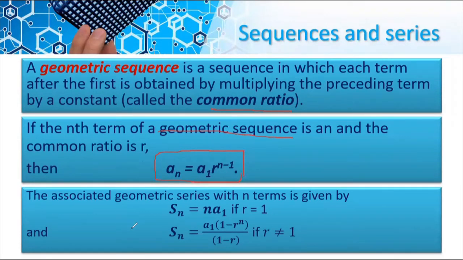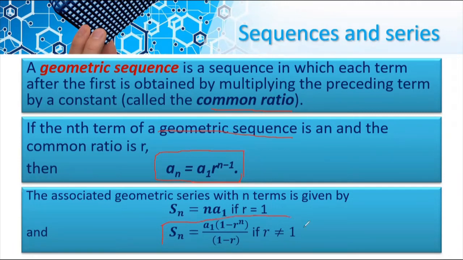At yung kanyang geometric series, S sub n, pwedeng kapag ang kanyang common ratio ay 1, i-times mo lang, number of terms times first term. Yan. Sa common ratio ay 1. Pero kapag not 1 ang kanyang common ratio, ito naman ang iyong magiging geometric series.